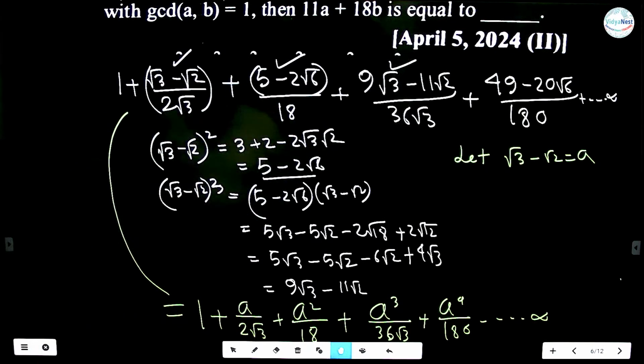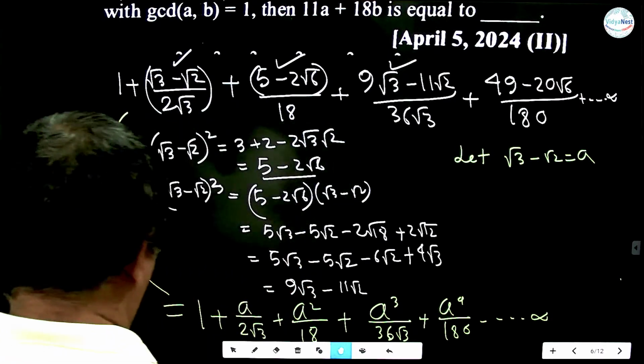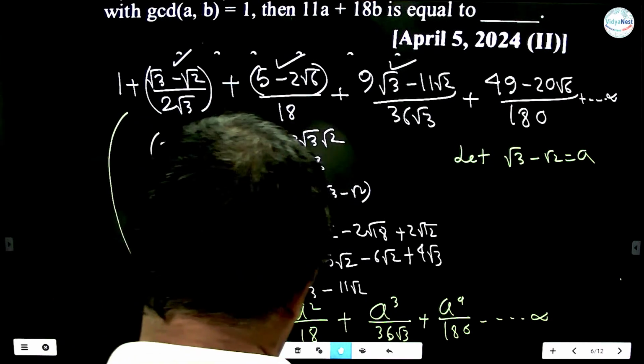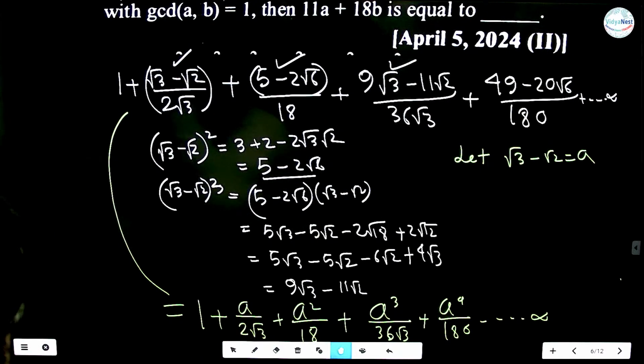A by 2 root 3. A by 2 root 3. A square, 2 root 3 is 12. So if I take root 3 somehow common, then what will come? There is some ambiguity in the question, I think. Just hold on.